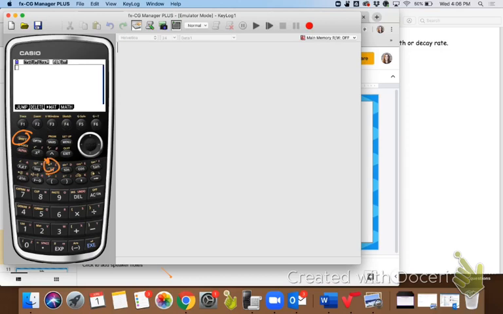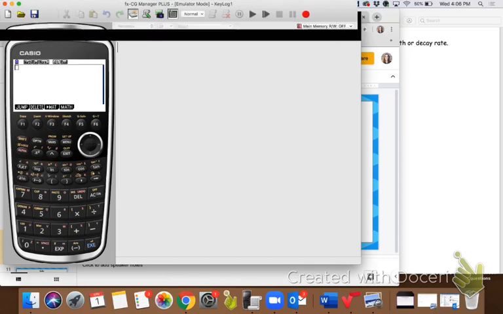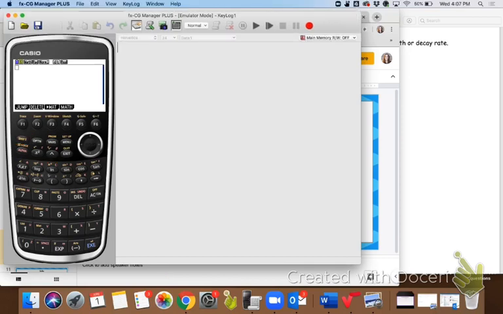Now, it's going to force you to use an exponent at some point. If you want to just type in regular old e, if you do shift e to the x, you can just make it e to the first. But in this particular example, we're doing e to the negative 0.5. So now I can rewrite that as 0.607.